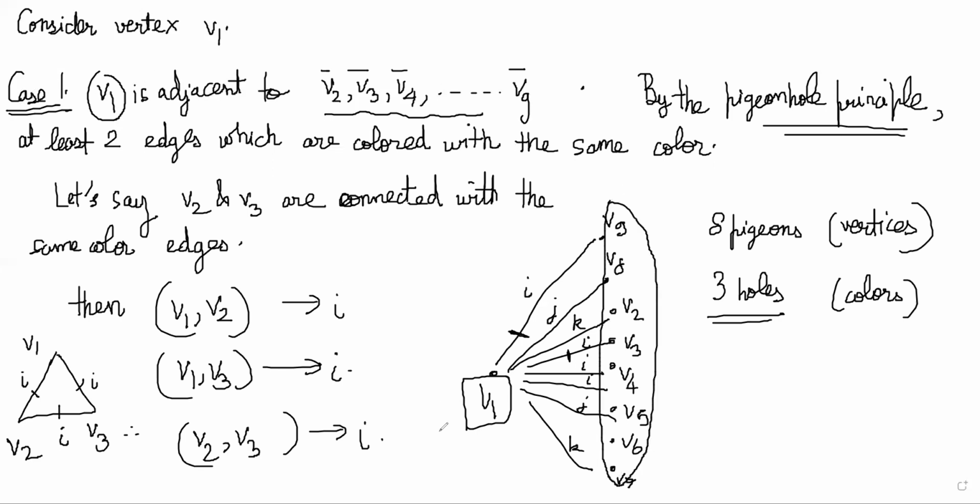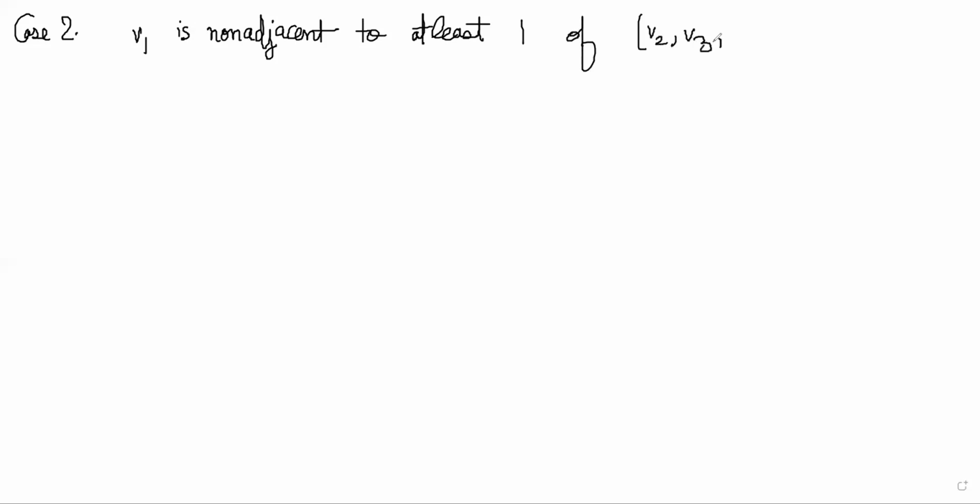Case 2 I can write as V1 is non-adjacent to at least one of V2, V3 till V9. In the previous case, I said it is adjacent to everyone. Now I'm saying it is not connected to at least one out of V2 to V9, right?